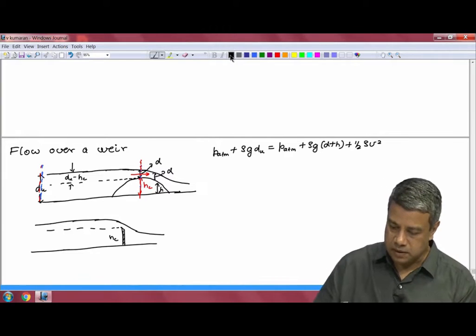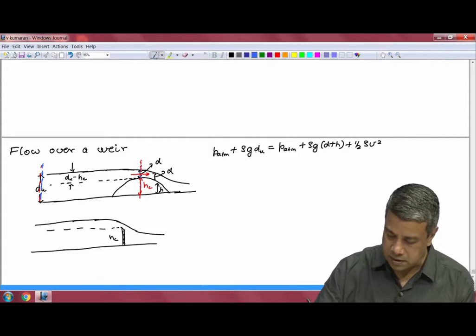That is going to be the Bernoulli equation between this cross section and this cross section.